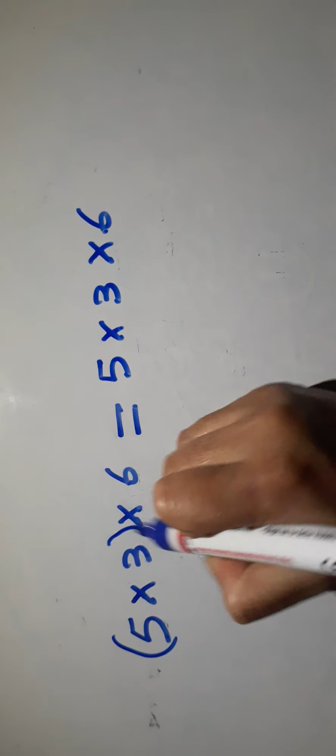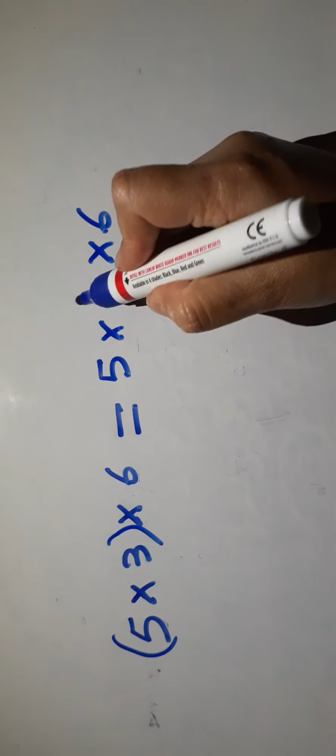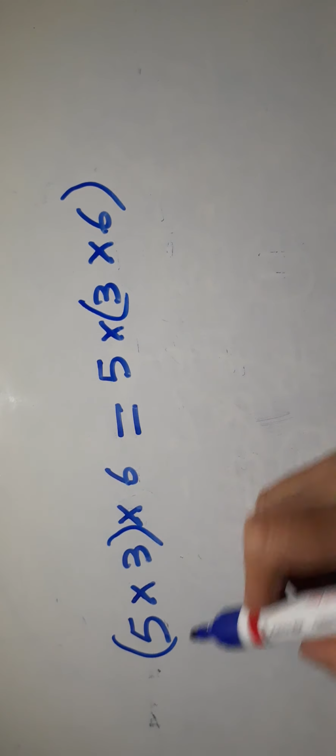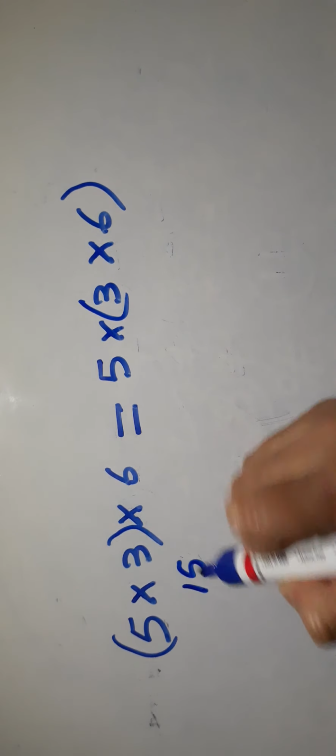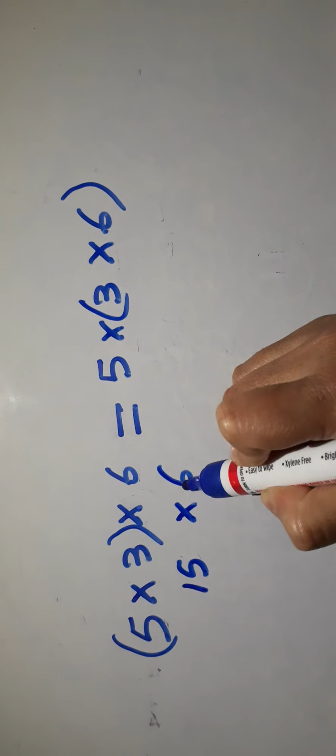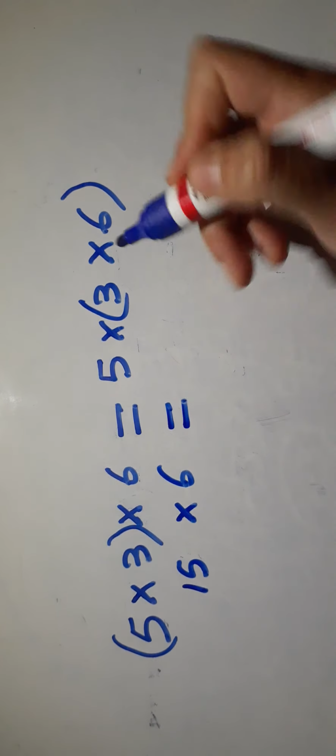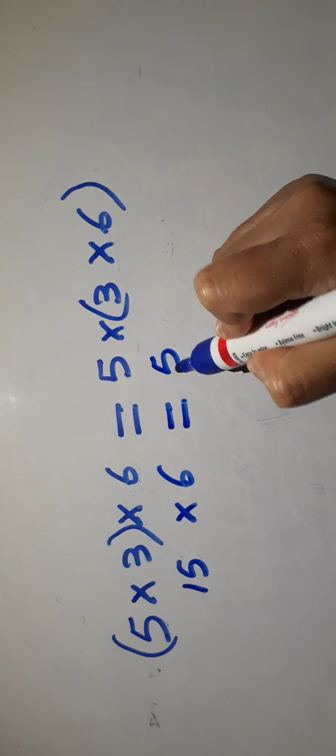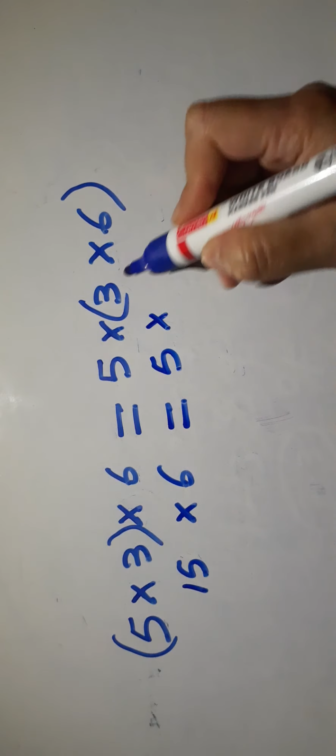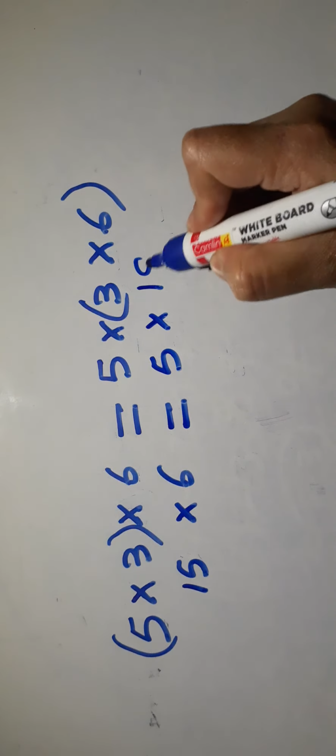I'll combine here 5 and 3, and here I'll combine 3 and 6. 5 3s are 15 multiply 6. Here I have 5 multiply 3 6s are 18.